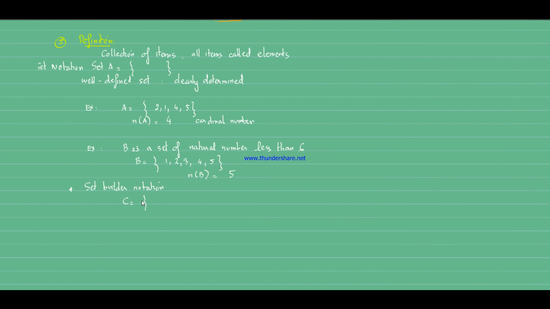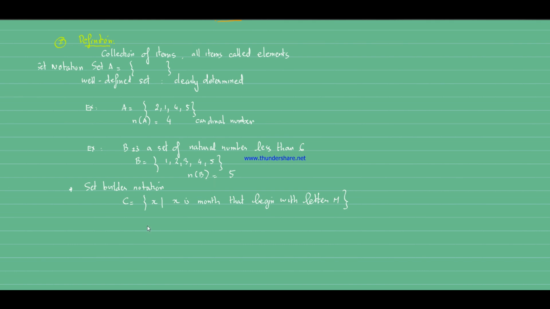Curly bracket, and I'm going to put the variable x, and a bar like that, and x is a month that begins with the letter M. The months beginning with M are May and March, right?